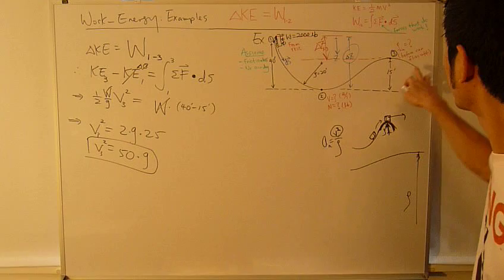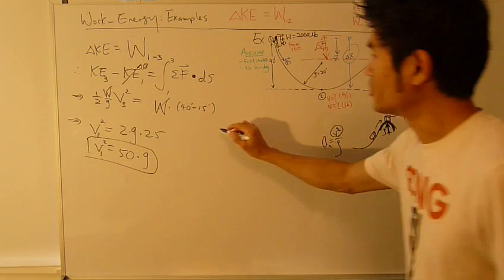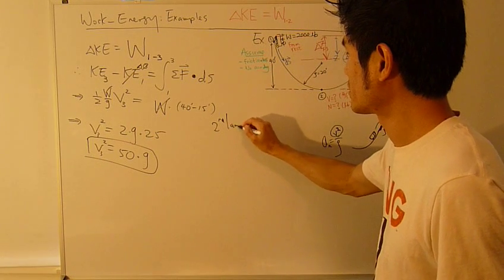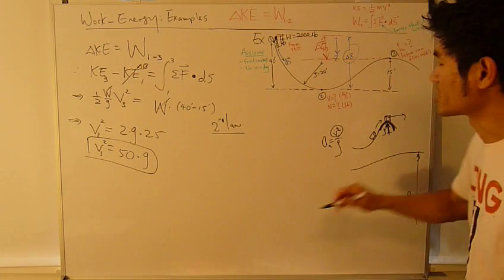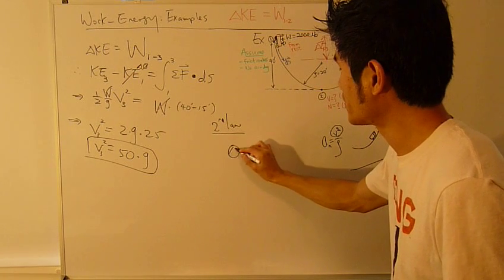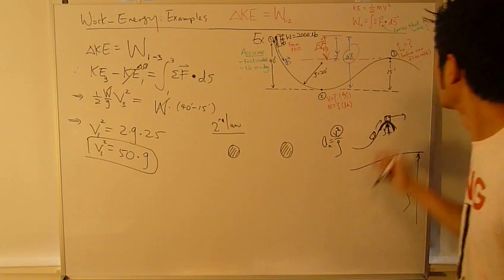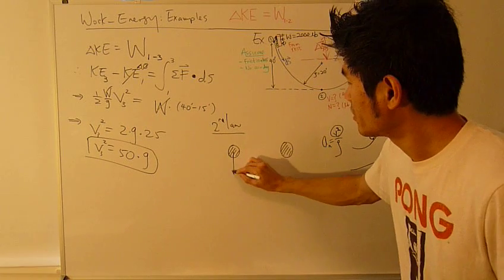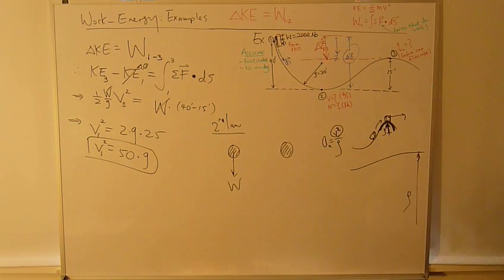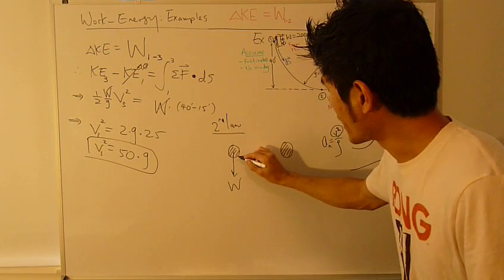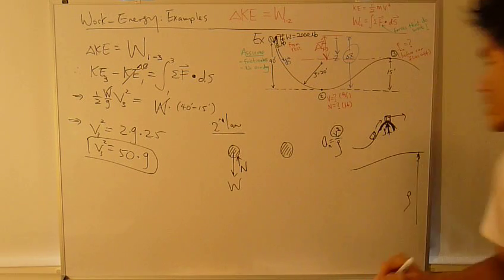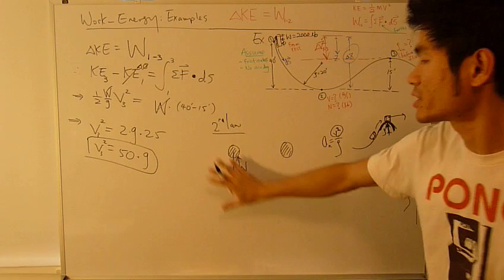Now to find rho, I need to use the second law for position 3. I'm going to draw the free body diagram at position 3 and the kinetic diagram. In the free body diagram at this position, I have weight and the normal force, and that's it, no other forces.